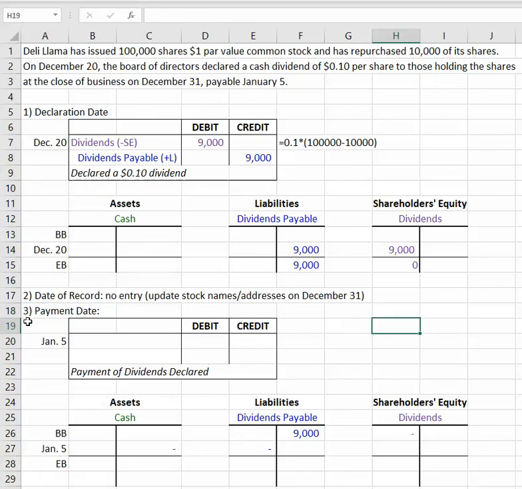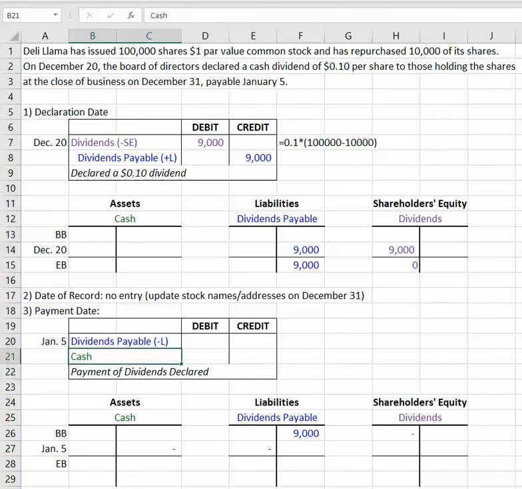It's January 5th, and it's now what we refer to as the payment date. So what's going to end up happening is they're going to pay their payable. So we're going to debit dividends payable, which will reduce that liability, and credit cash.